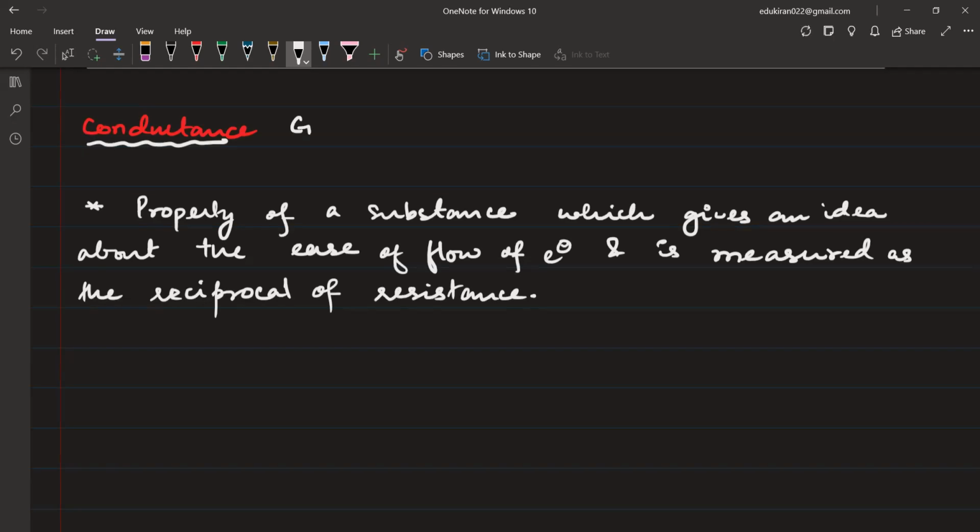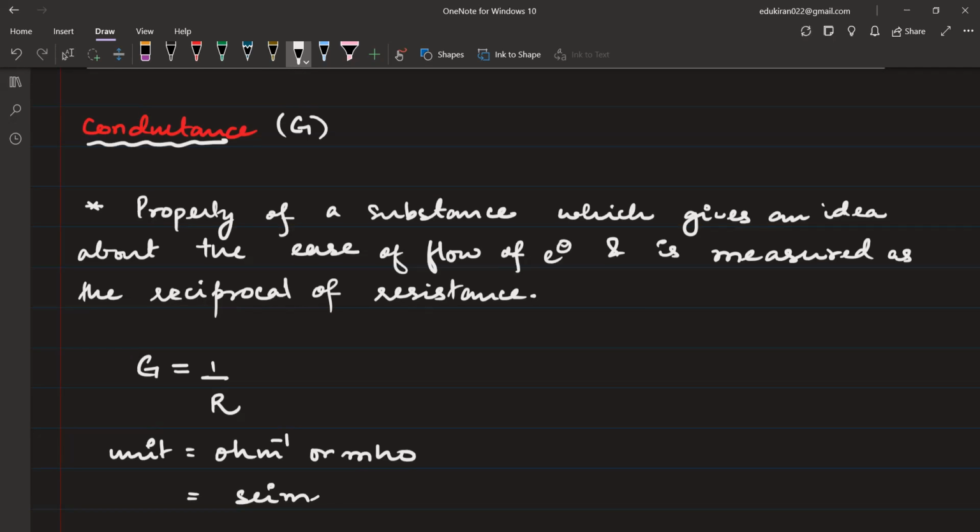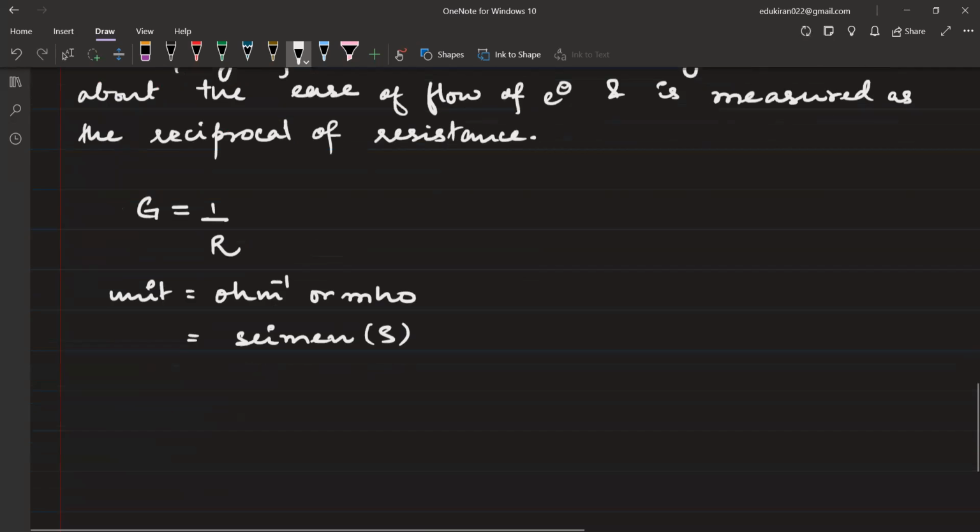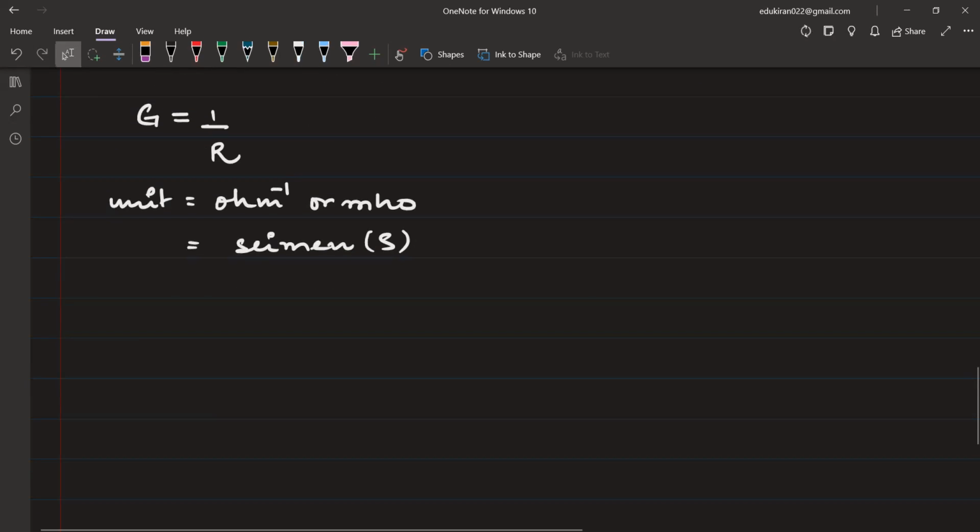So conductance is shown by G, right? G is equal to 1 upon R. What are the units? The unit will be ohm inverse. It is also written as mho. There is also one more unit, which is Siemens. Right, next, conductivity.